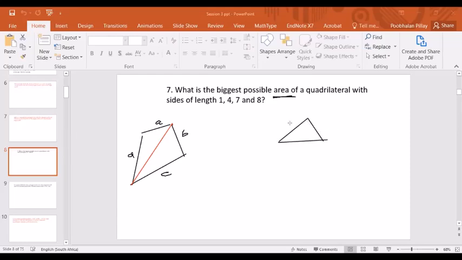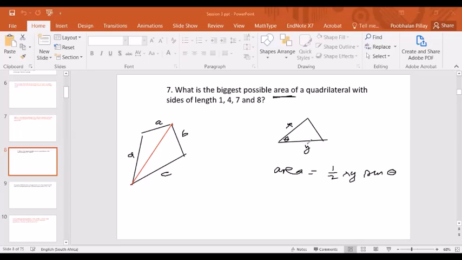If you've got two sides of a triangle, call them x and y, and the included angle, then the area of this triangle is half xy times sine of the angle included by the two sides.